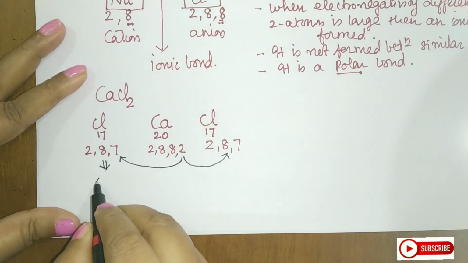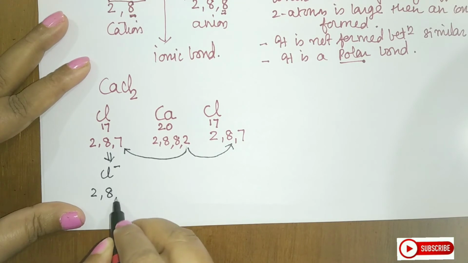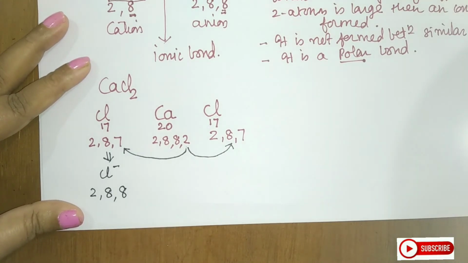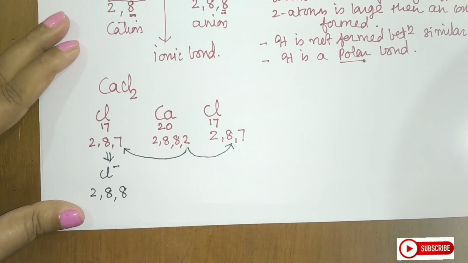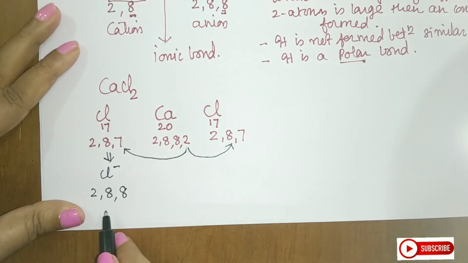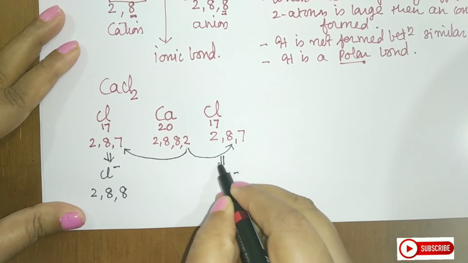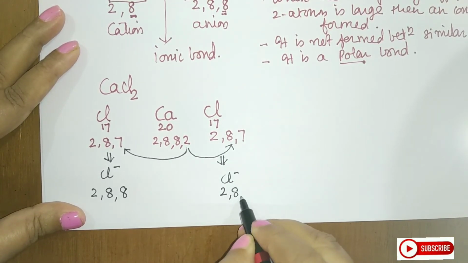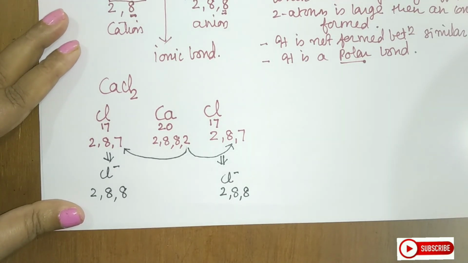Cl will become Cl minus and its electronic configuration will become 2, 8 and 8. Once it acquires 8 electrons in its valence shell, it has achieved its octet and it gets stabilized. Similarly, this Cl will also become Cl minus with the electronic configuration 2, 8, 8, which is a stable electronic configuration.